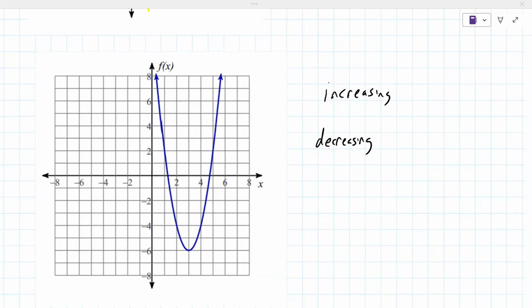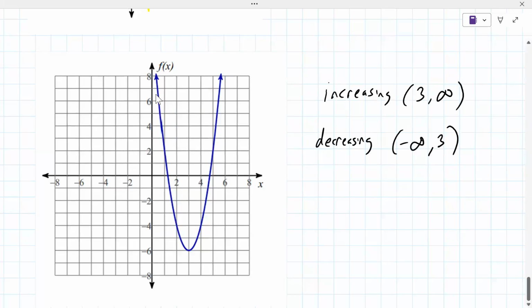Increasing from 3 to infinity. 3 to infinity. Okay, agreed. And where's it decreasing? Infinity to 3. Negative infinity to 3.